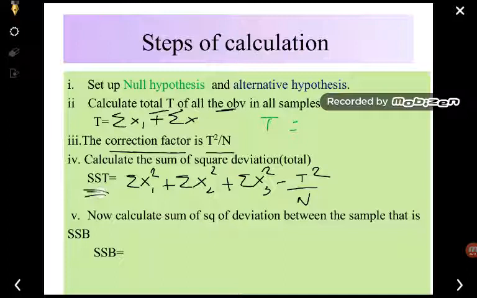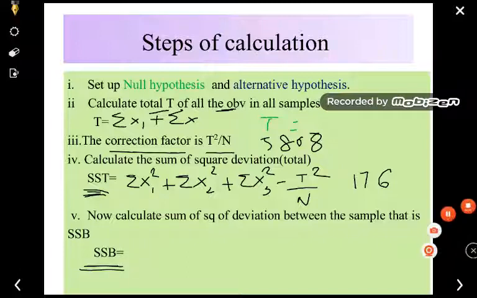Now we have to move on to SSB, which is the fifth step. We know the value of SST is 176 and T square by N is 5808.